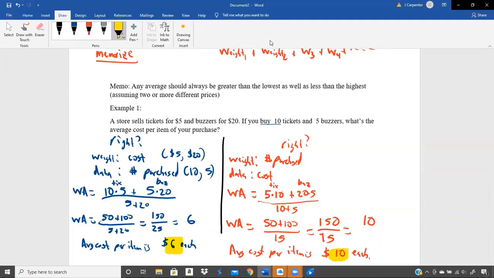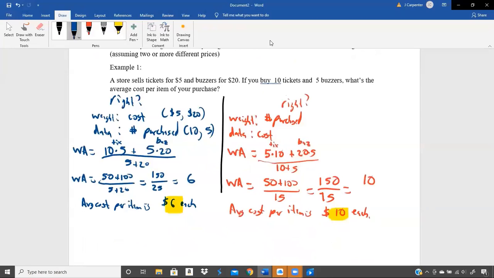So yeah, we bought 10 tickets at $5 per, but we also bought 5 buzzers at $20 each. So the answer shouldn't be too close to either of these because we got a pretty decent spread of the items. It only favors the tickets 2-1, but the buzzer price is significantly more than the ticket price. So these 5 buzzers at $20 each should bring up the average more than just $1. This seems too low.